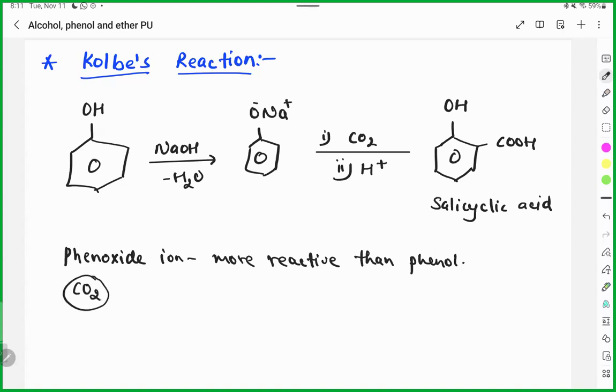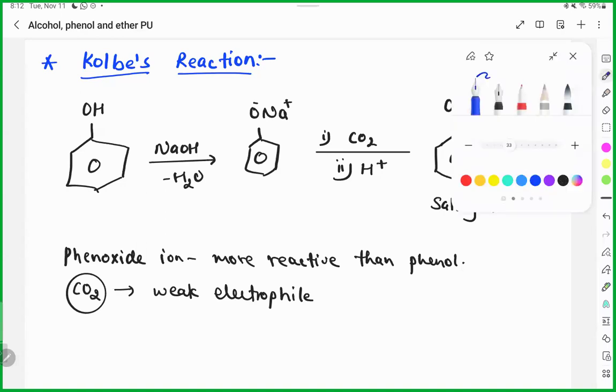This CO2 is a weak electrophile, not strong. What do you mean by weak electrophile? It is not like a proper positive ion is produced, like NO2 or halogen. Proper positive ion is produced and then this electrophile will attack. CO2 is a very weak electrophile.